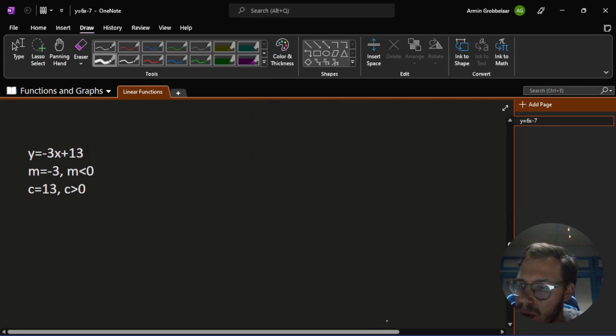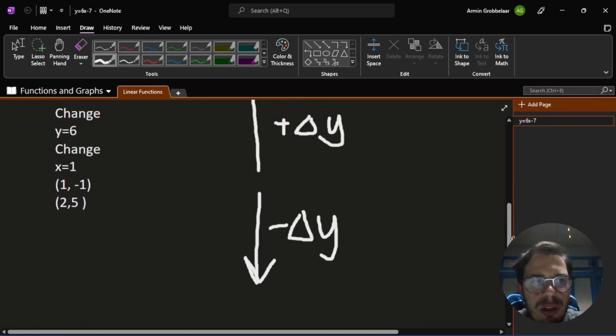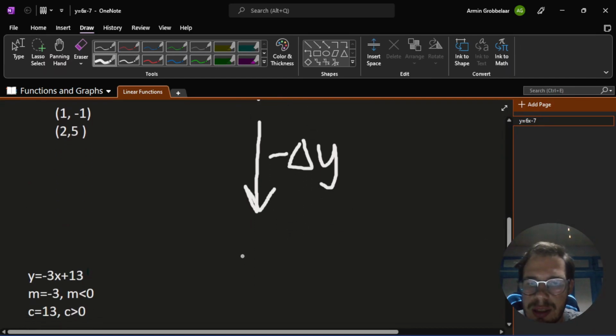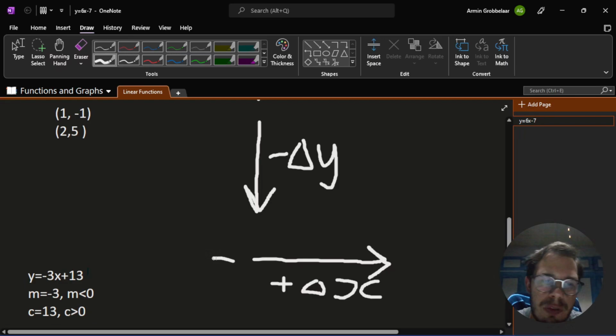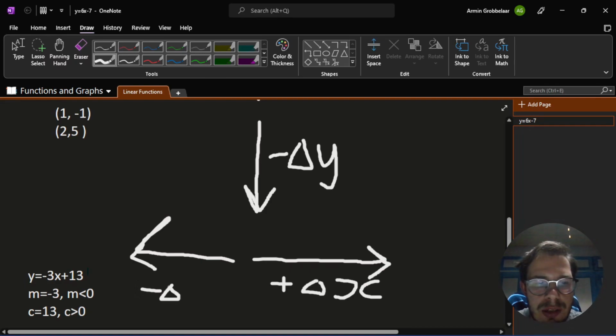Then, when the change in x is positive, you move to the right. And you move to the left if the change in x is negative.